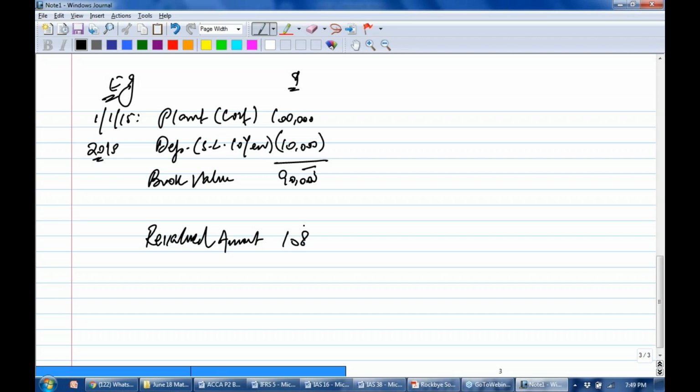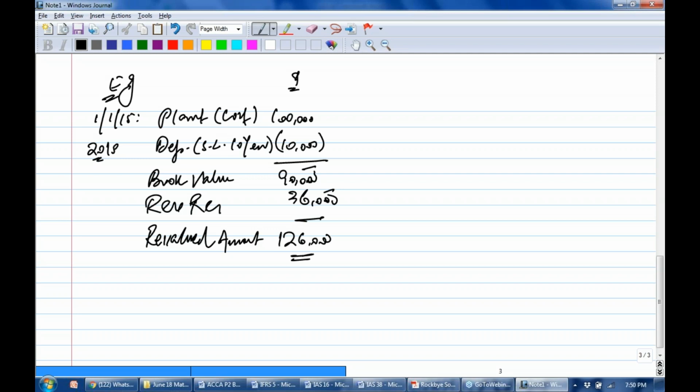$108,000. Sorry, 126,000. So it means the revaluation reserve, that is 90 minus 126, that is 36,000.